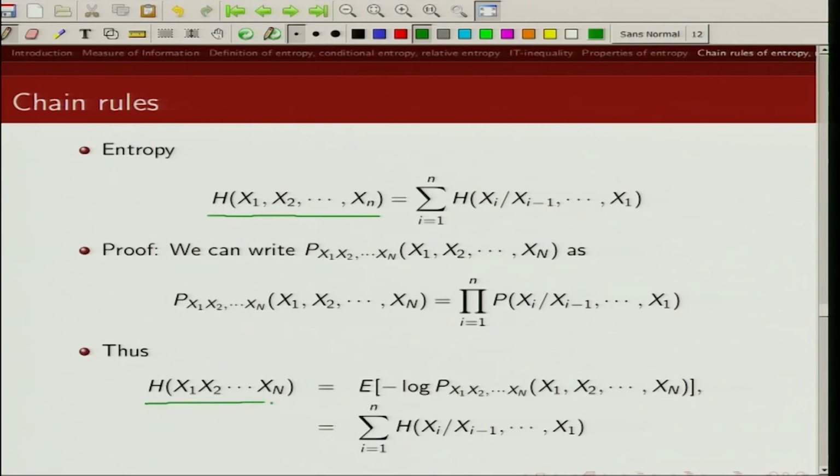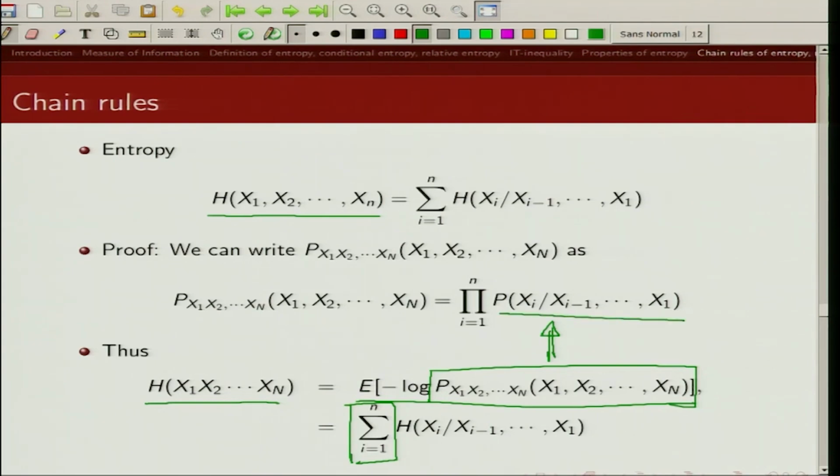What is the definition of joint entropy? It is the expected value of minus log of this joint distribution. And what is this? This is given by this quantity, a product of these conditional probabilities. So if we take log of product terms, what we will get is a summation, and what we will get then is expected value of minus log of these conditional distributions, which is nothing but conditional entropy.